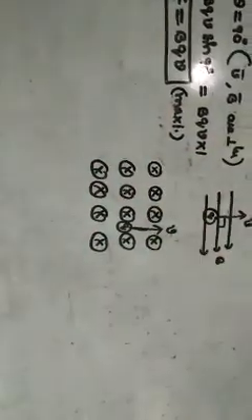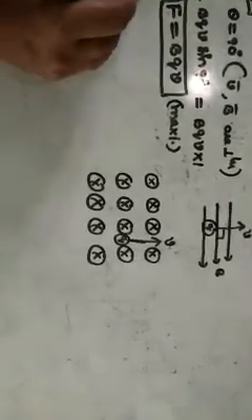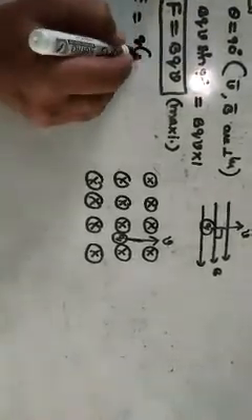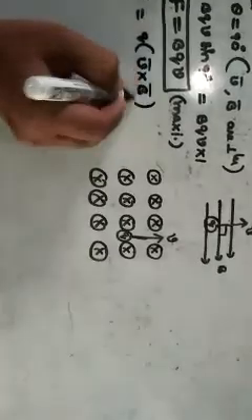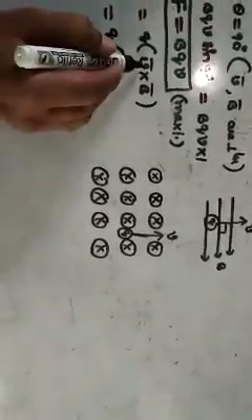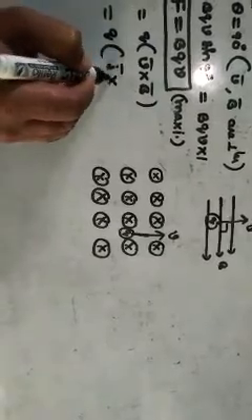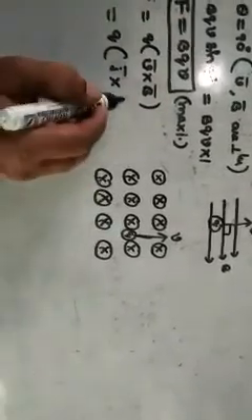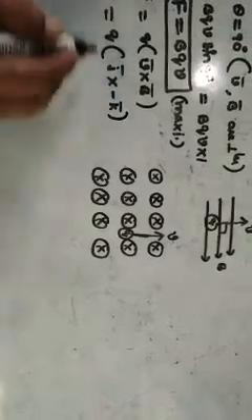Velocity is along the y axis. I told you already, F bar is equal to Q of V bar cross B bar. Charge Q, velocity is along the y axis, so I write J bar. Magnetic field is into the page, so I can write minus K bar.